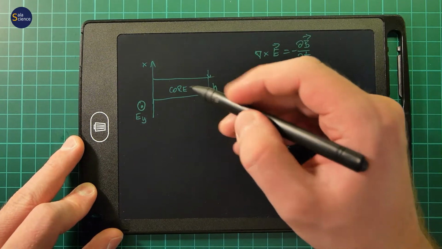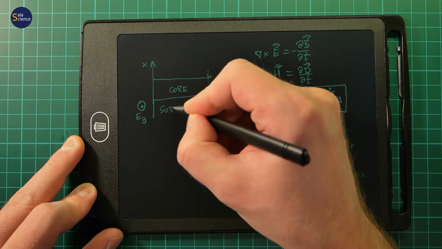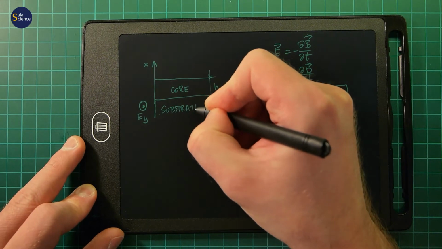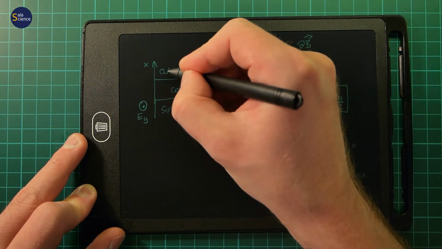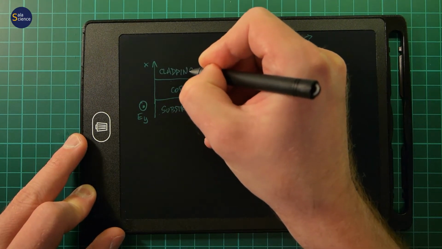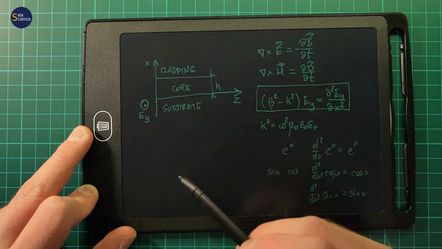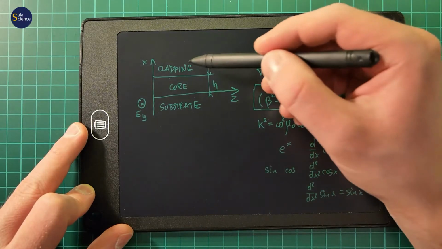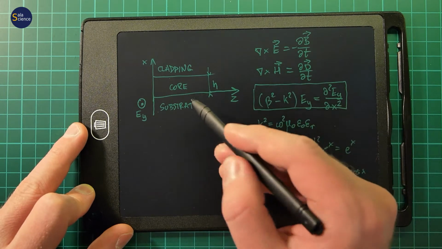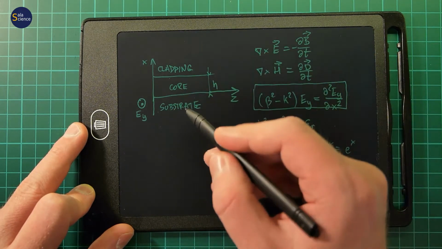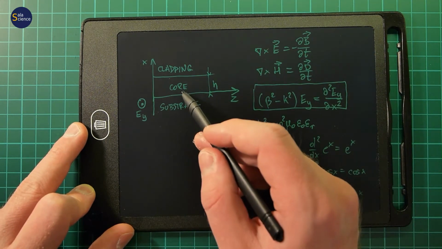So now we have core, here is substrate, and cladding. So we can guess that in cladding and substrate the electric field decreases while we are farther from the core.